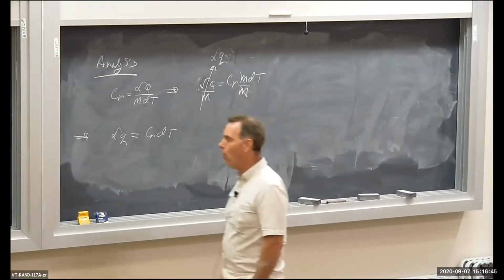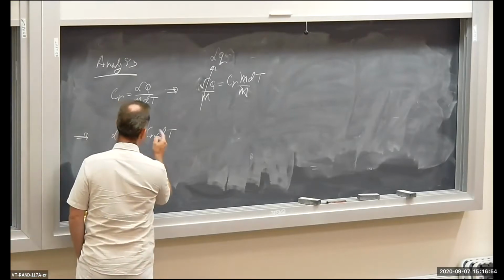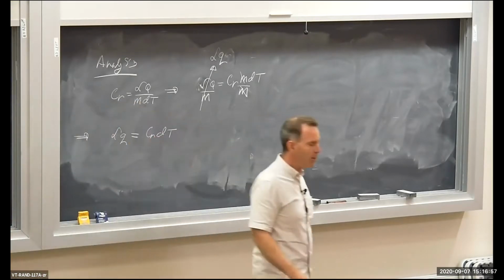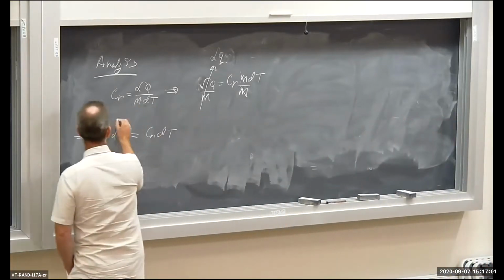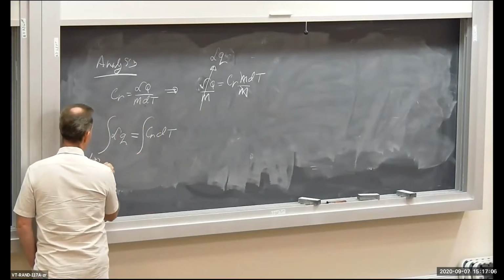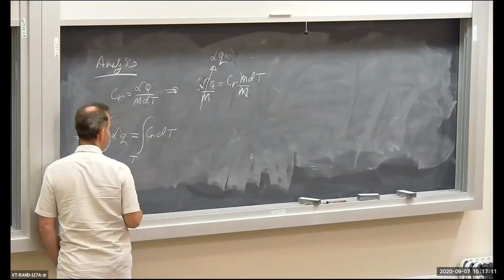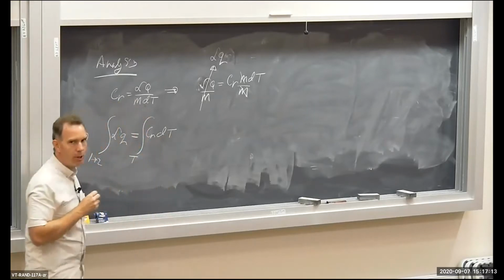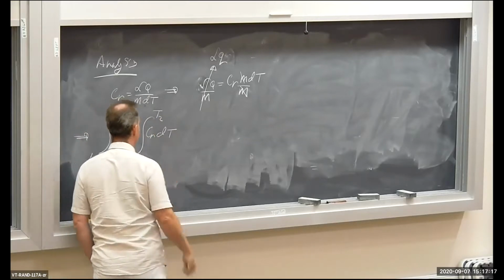Now, I want to get the overall heat transfer, lowercase q1 to 2, per unit mass. How do I go from a differential process involving del's and d's to an overall process? I have to integrate. Let's integrate this over the process, 1 to 2. The variable of integration is T, so I'm going from T1 to T2.